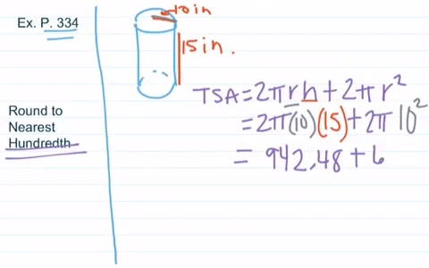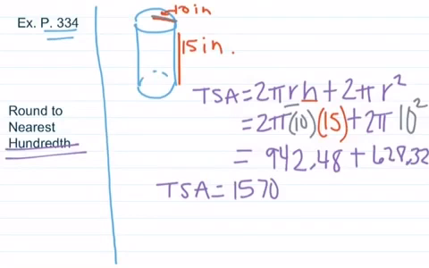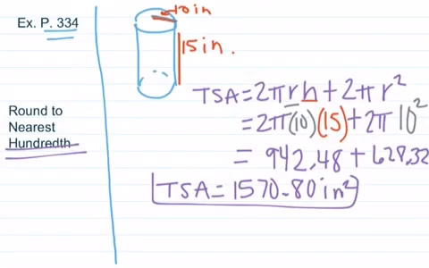plus 628.32. Okay, and then if you add those together, your total surface area is 1,570.80 inches squared.